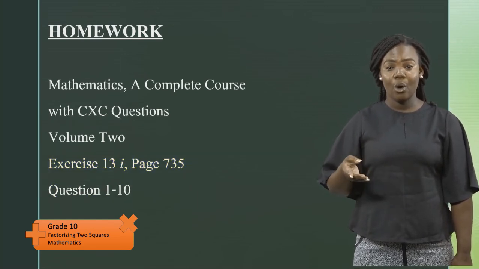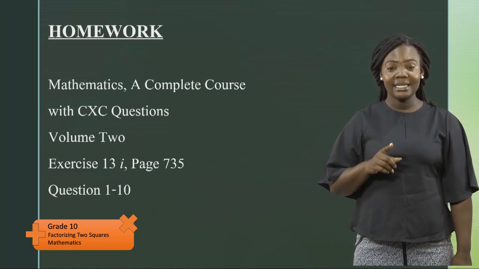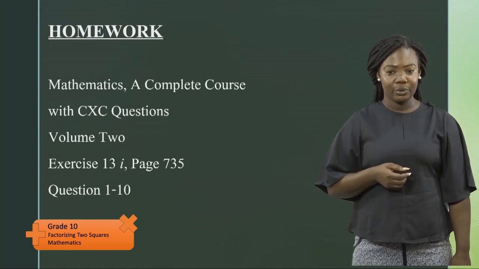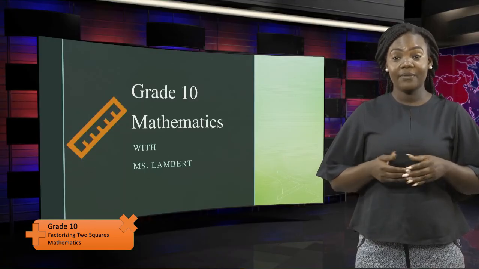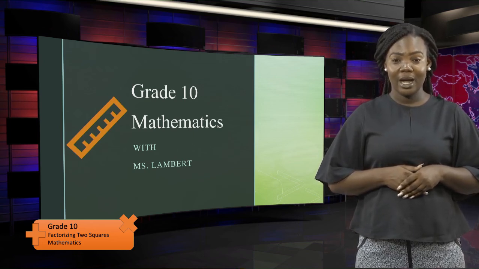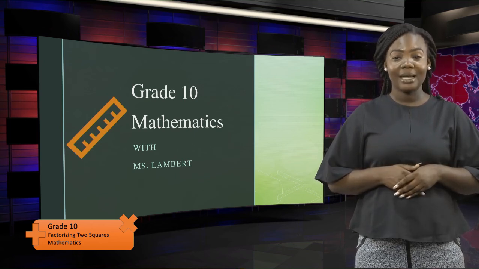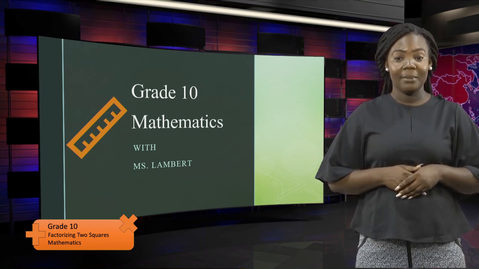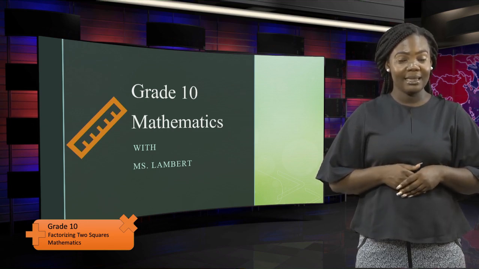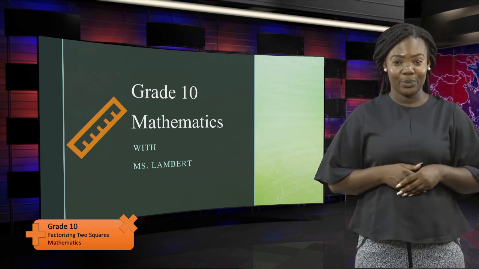Once you have completed all of those problems, you can be sure that you will be able to easily identify a squared number and factorize a difference of 2 squared. Now that we have come to the end of our lesson, I would like you, my thoughtful teenagers, to remember to practice, practice, practice. Because I would like you to not only be able to solve any problem like this, but identify square numbers when they are presented to you.